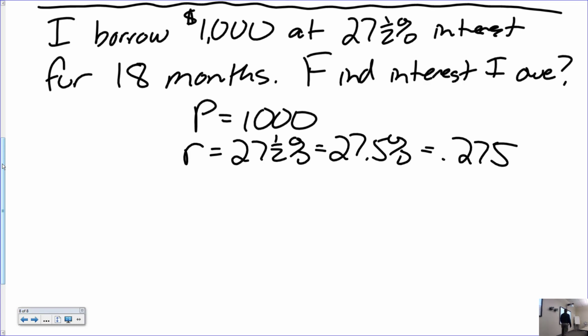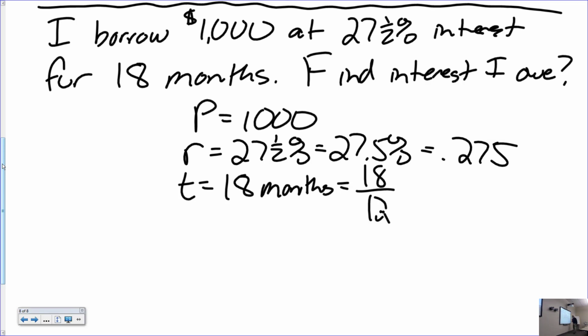I'm a little confused on this one. Time, it says 18 months. Yep. But don't we convert it into years, so wouldn't it be 1.5 years? And how did you get that? I took 18 divided by, what was that number? How many months are there in a year? 12. Oh, yeah, 12. Sorry. And yes, 18 over 12.